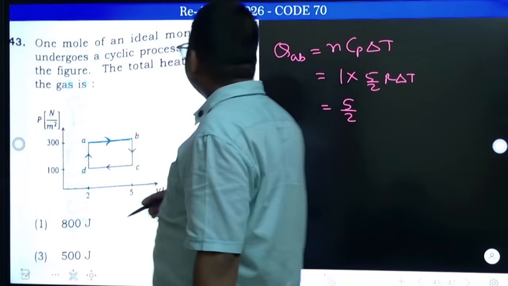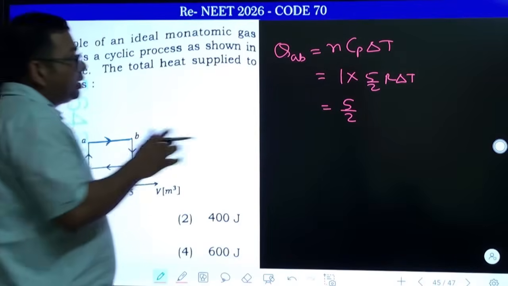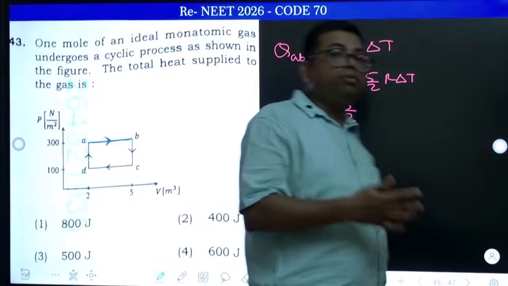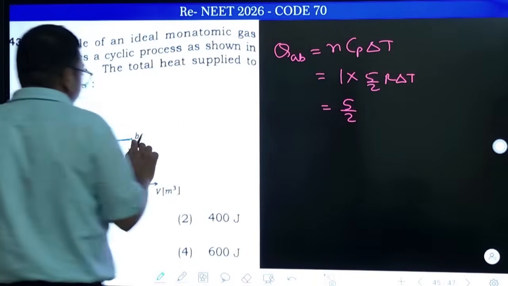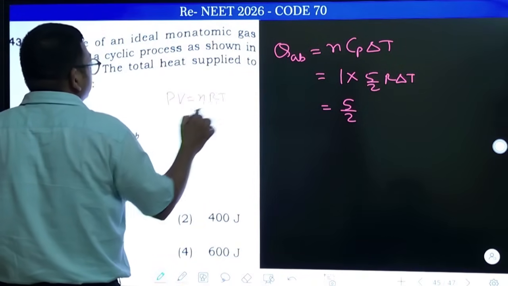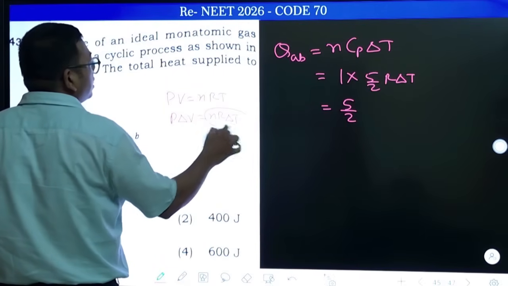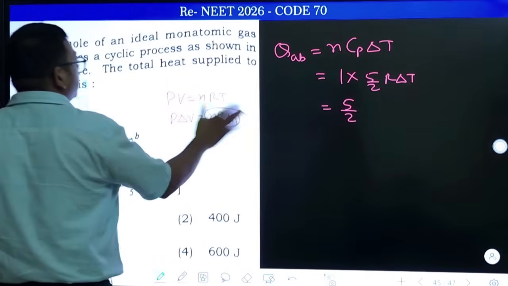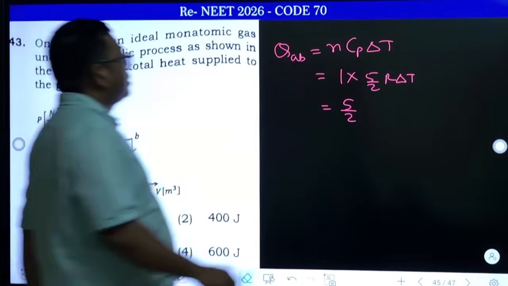R delta T, or nR delta T, is what? P2 V2 minus P1 V1. Directly we can do that because PV is equal to nRT, so P delta V is equal to nR delta T. So calculate P delta V. Pressure is the same, 300.